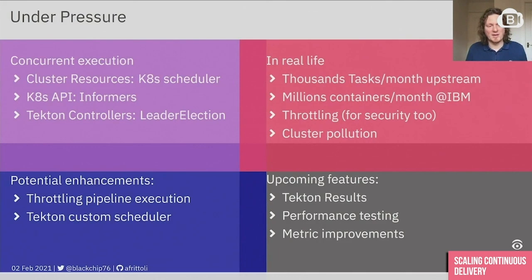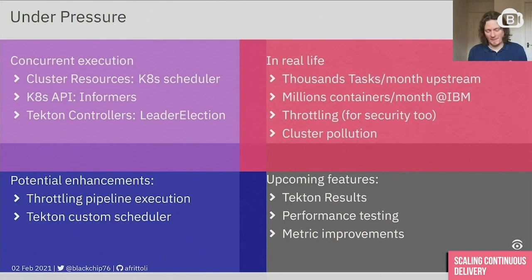But more issues may occur when you're under pressure, so running multiple pipelines concurrently. For the scheduler, we rely on the Kubernetes scheduler today, which means that if you try to schedule more and more pipelines and you don't have any more resources in the cluster, the Kubernetes scheduler will put the execution on hold automatically.